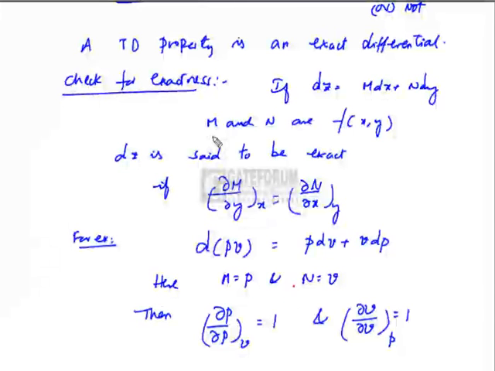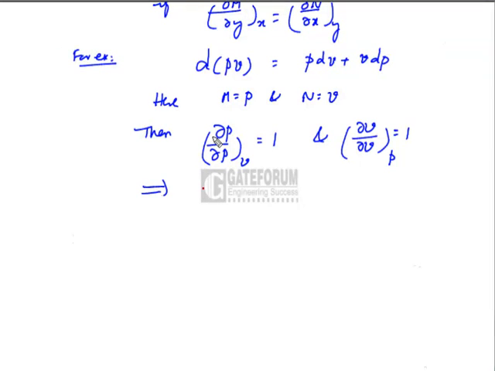Hence the above equation is satisfied. It means d(PV) is an exact differential, and PV is a thermodynamic property.